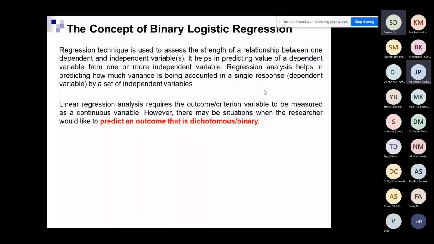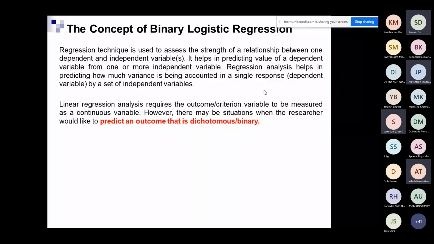Linear regression analysis requires the outcome criterion variable to be measured as a continuous variable. However, there may be a situation when the researcher would like to predict an outcome that is dichotomous or binary: yes or no, pass or failure, male or female, success or failure, whether you may get the interview or not, a successful interview, or whether a candidate will have a disease or not.